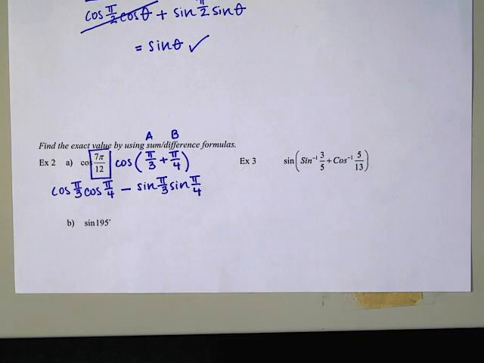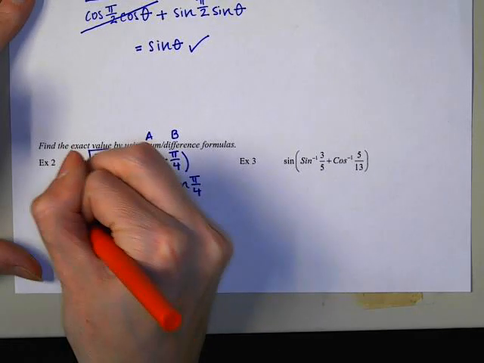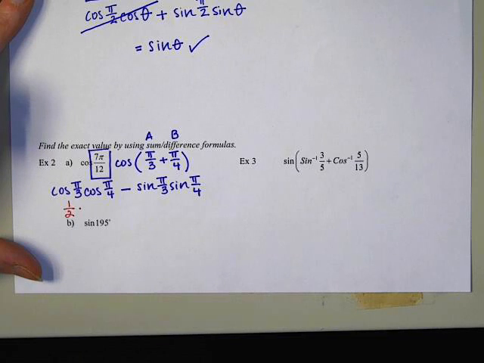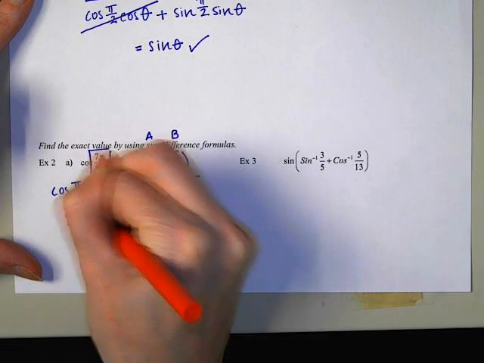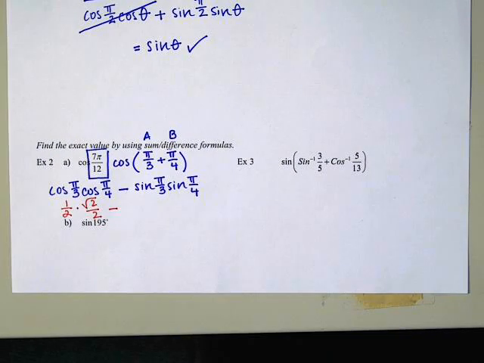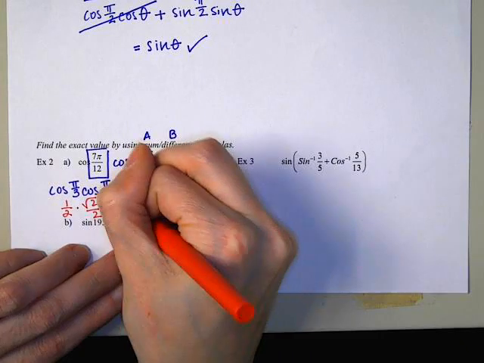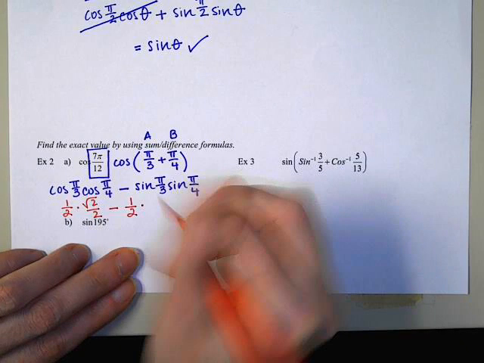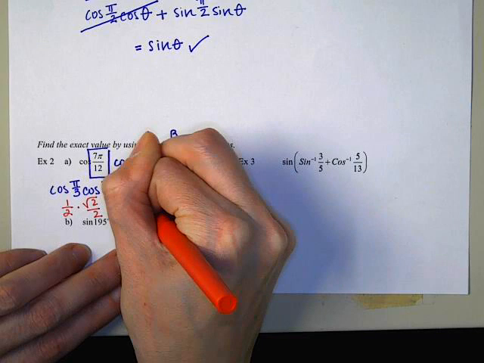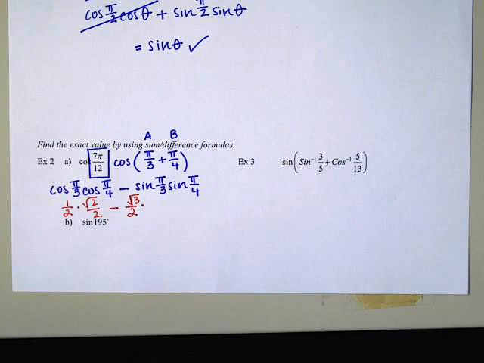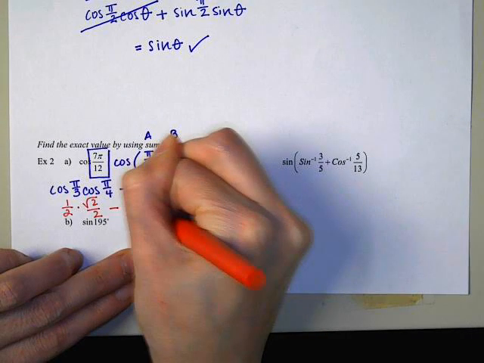Cosine at pi over 3 is, what's that, 1/2. Cosine at pi over 4 is root 2 over 2. Sine of pi over 3 is 1/2. Nope, just kidding. That's root 3 over 2. And sine of pi over 4 is root 2 over 2.